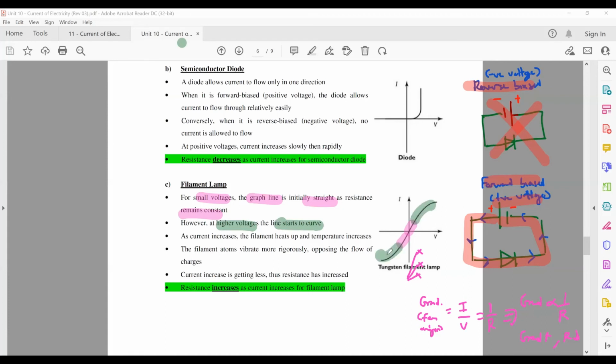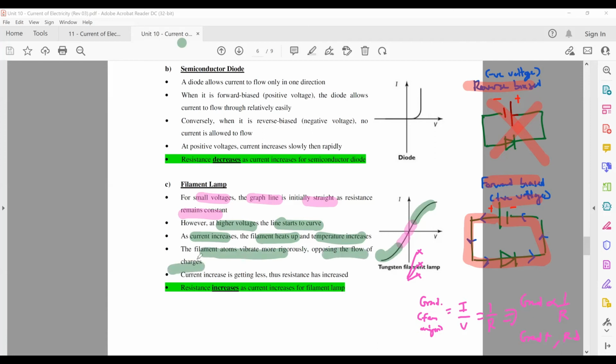Now, the reason why it starts to curve is because when your current increase, your filament lamp will heat up. Because you know that when you run current through a metal, like tungsten wire that is used to make filament lamp, it will heat up. So when it heats up, it will have an increase in temperature. Now, the increase in temperature causes the filament atoms to vibrate more rigorously. So it will oppose the flow of any charges.